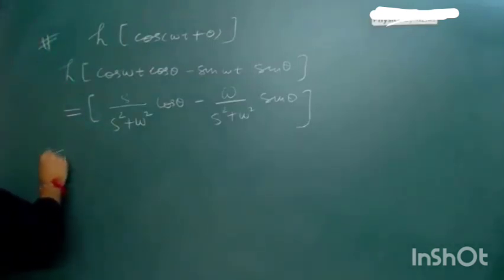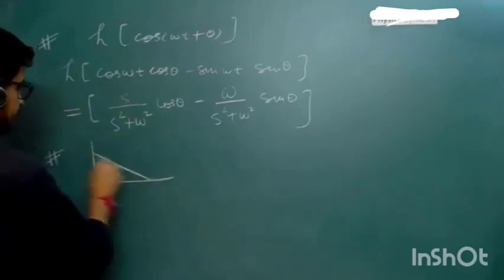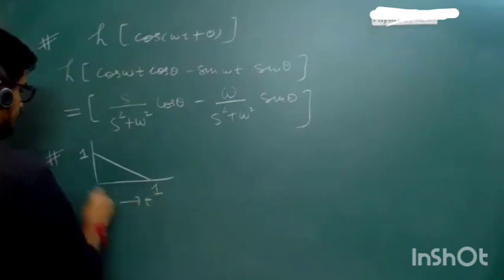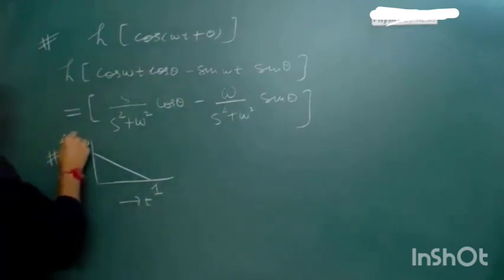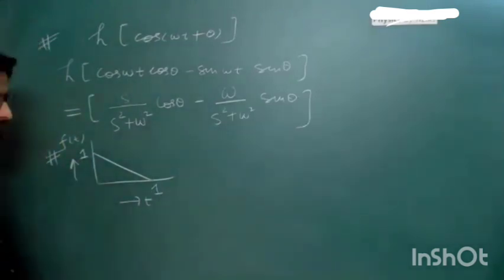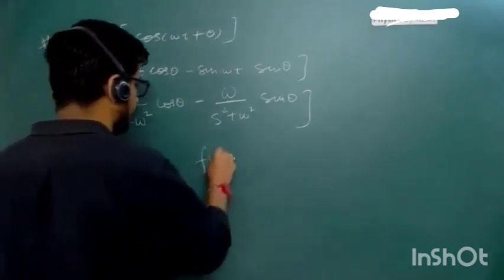Similarly, in the next question, suppose we have to find out Laplace of this. This is 1, this is 1, this is t, and this is f of t. We have to find out Laplace of this. So how to do that? The first step is to write the function itself.